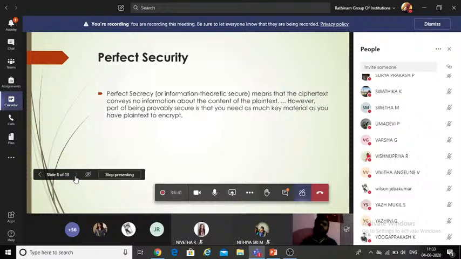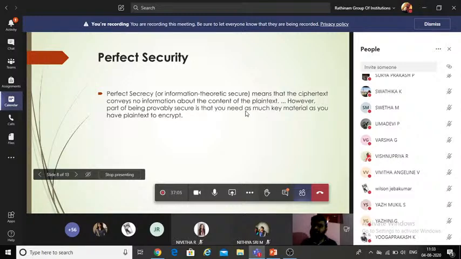Next one is perfect security. So when can I accept that my data is perfectly secured? When can I tell like this? Okay, perfect security is when ciphertext conveys no information. The first thing is, what is meant by ciphertext?